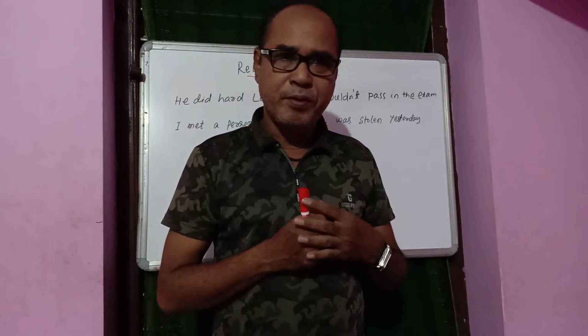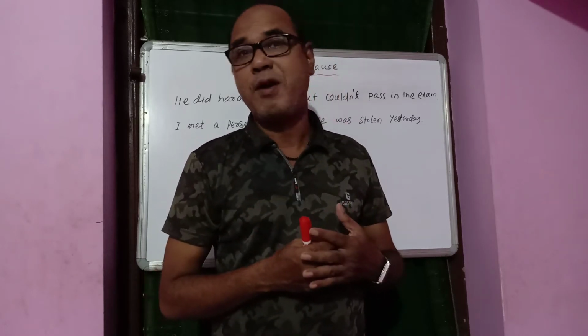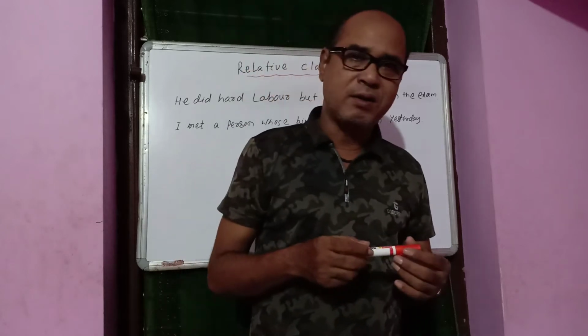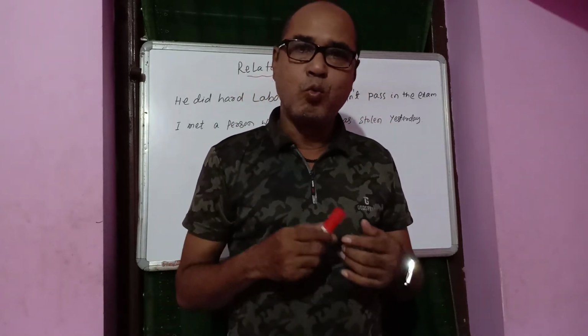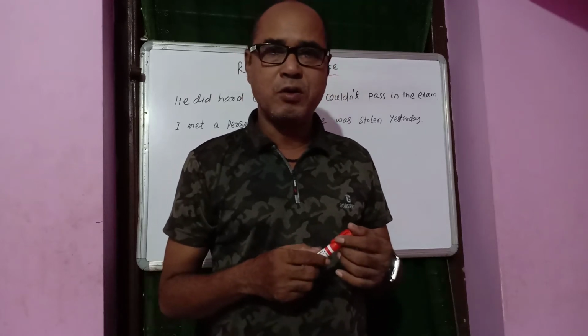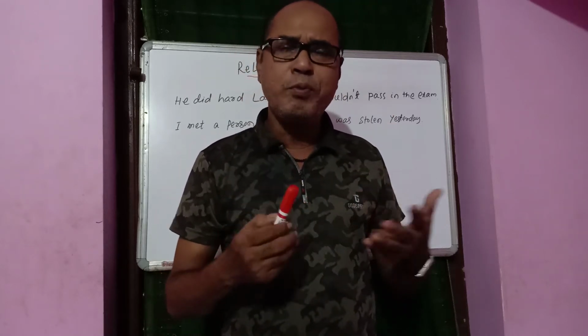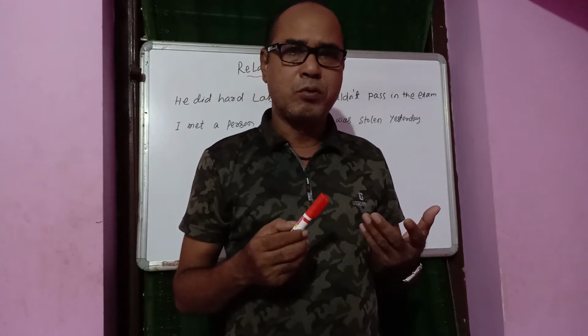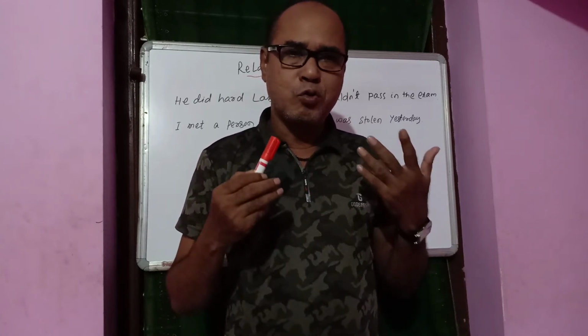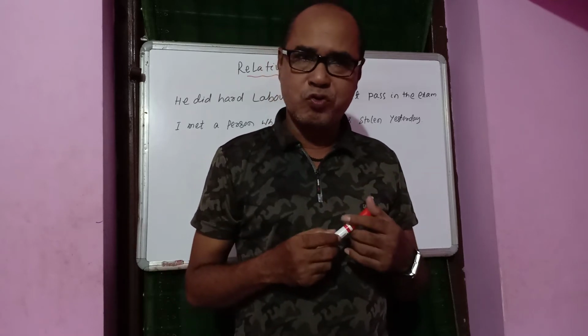Okay, but in a complex sentence we can find one main clause and one or more subordinate clauses. What do you mean by independent clause, or we can also know the subordinate clause?